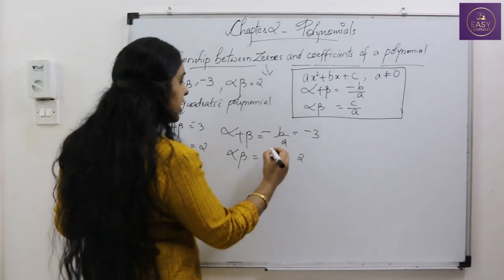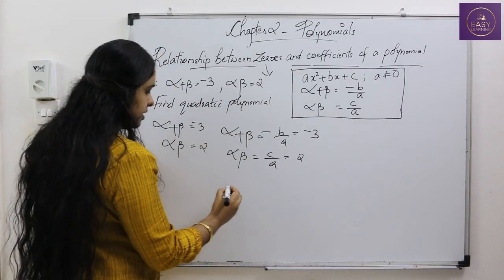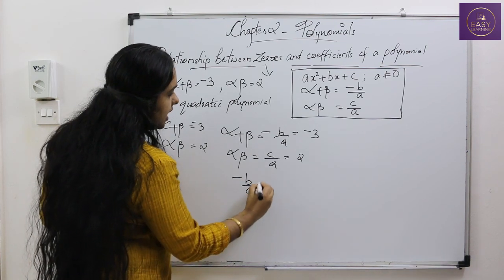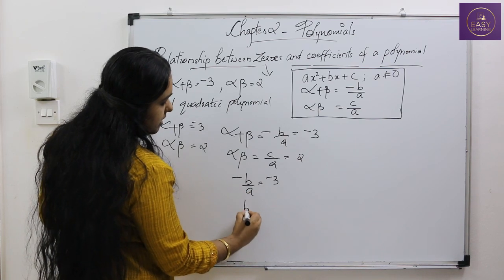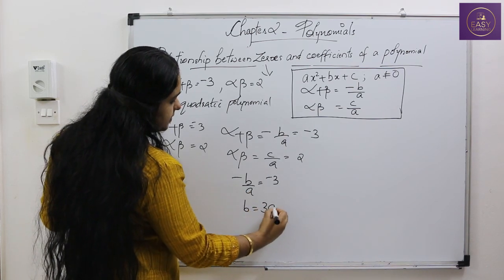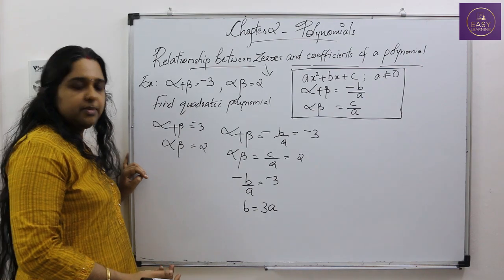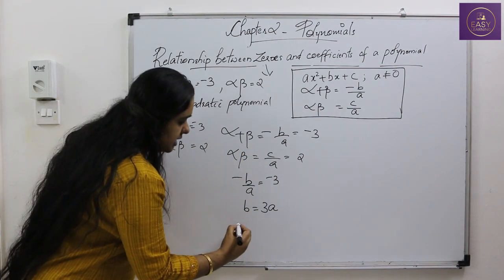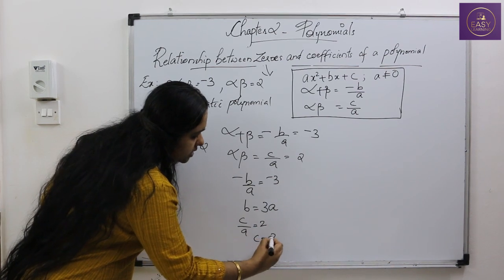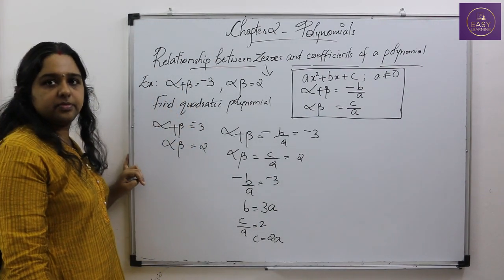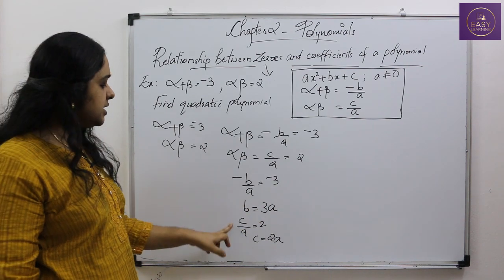So we can write minus b by a equals minus 3. That means b equals 3a. And c by a equals 2, or c equals 2a.